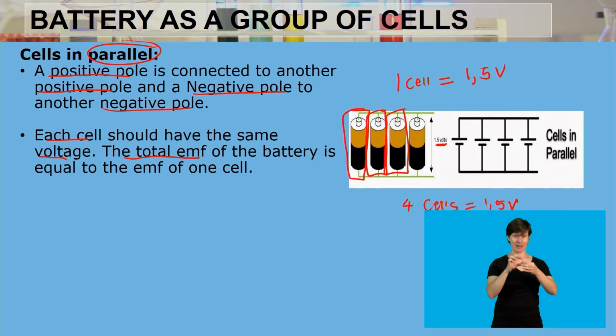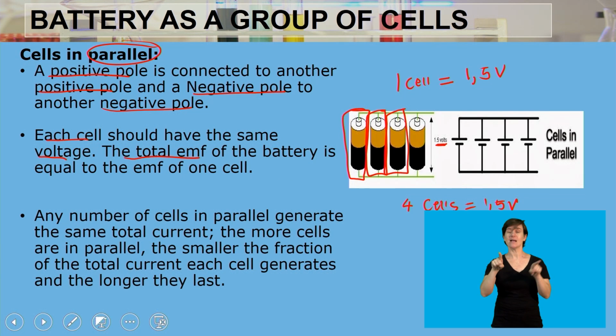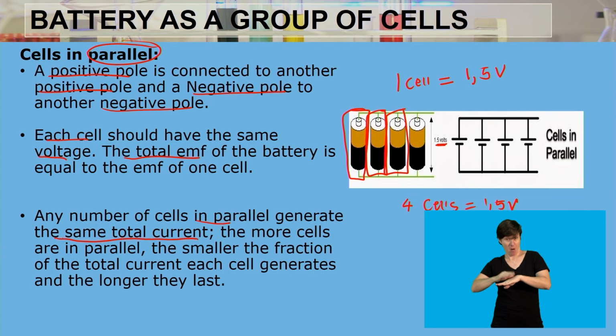So that means the cells that are connected in parallel make up one cell that is equal to 1,5 volts. Then, when we are adding more cells in parallel, any number of cells in parallel generate the same total current. Because each cell has the same potential difference as that of the entire battery, they're going to generate the same total current.